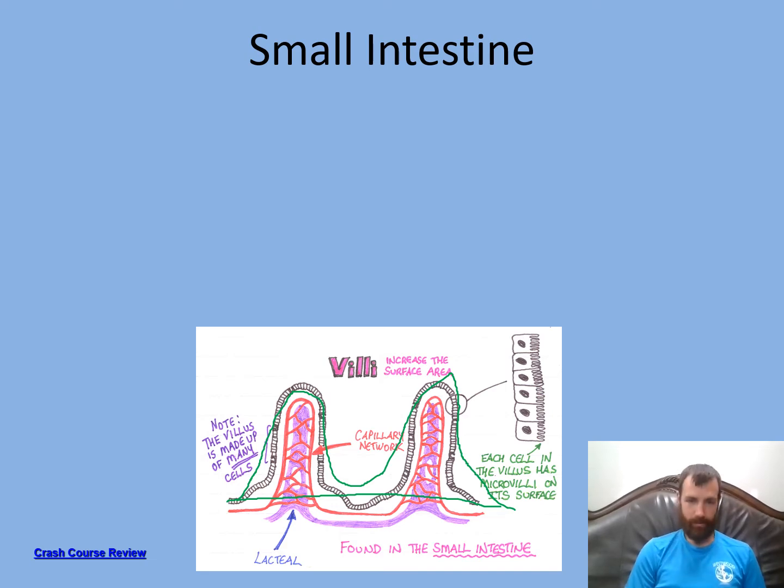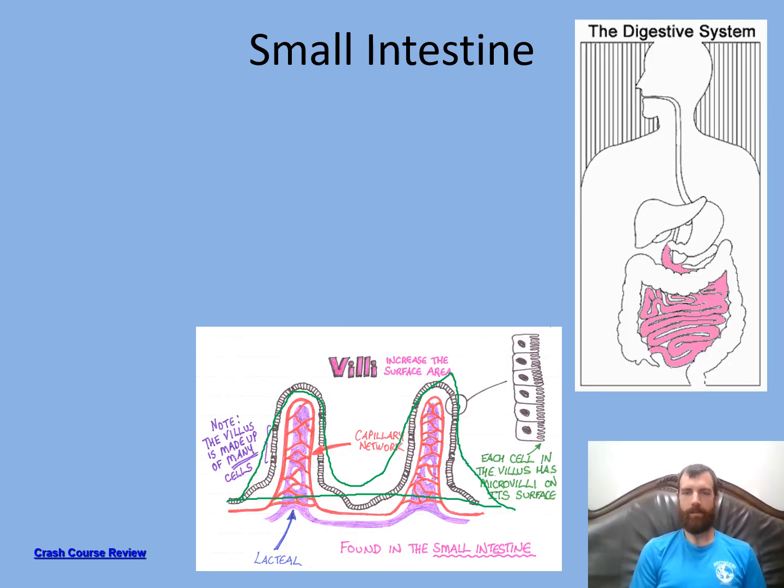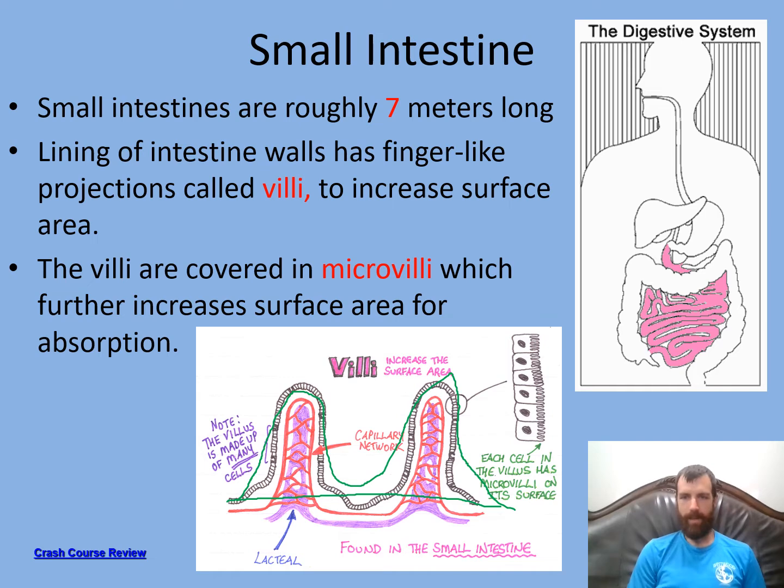And if on top of each of those cells we make little fingers, fingers is kind of what villi means, now we've got these undulations on top too. So now we've gone from that 2 meters to 3 meters of total absorption area. So we can pack more absorbent surface into less space.